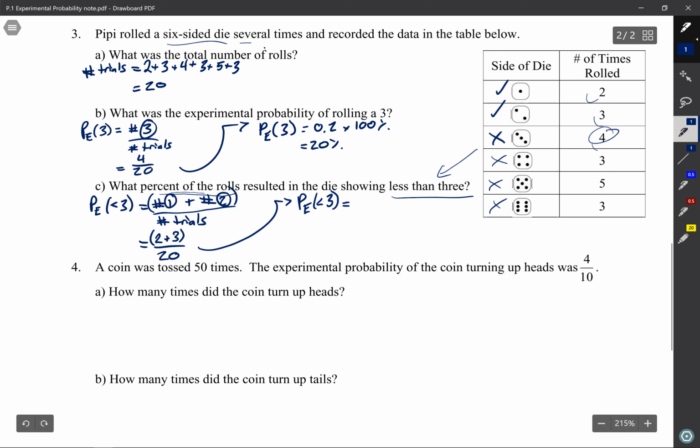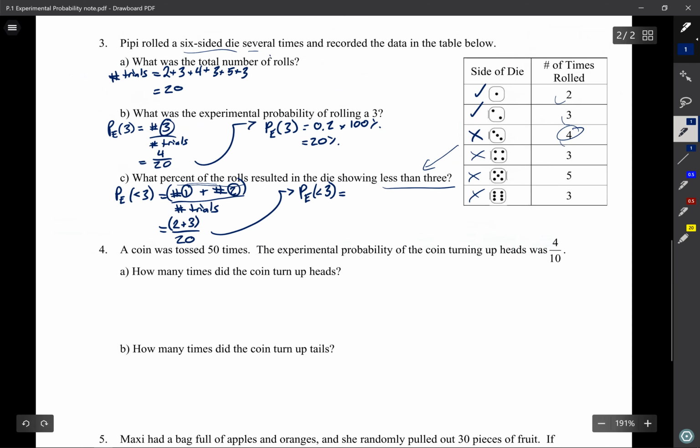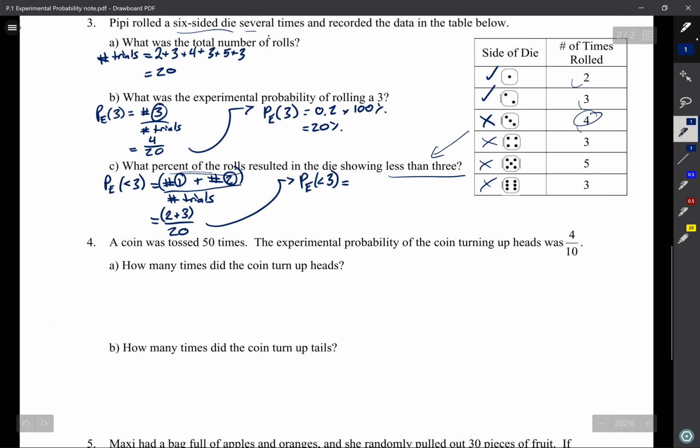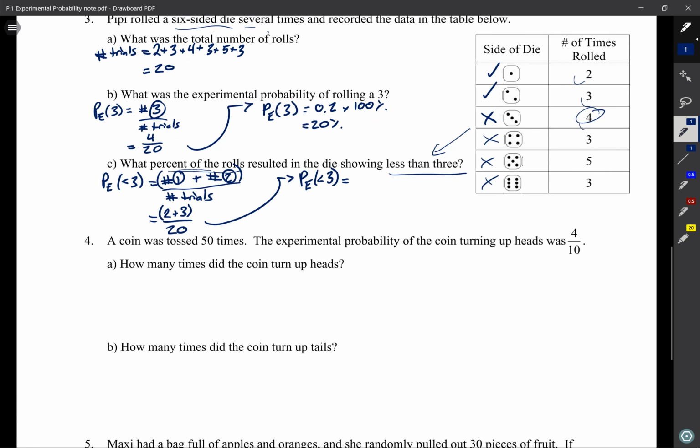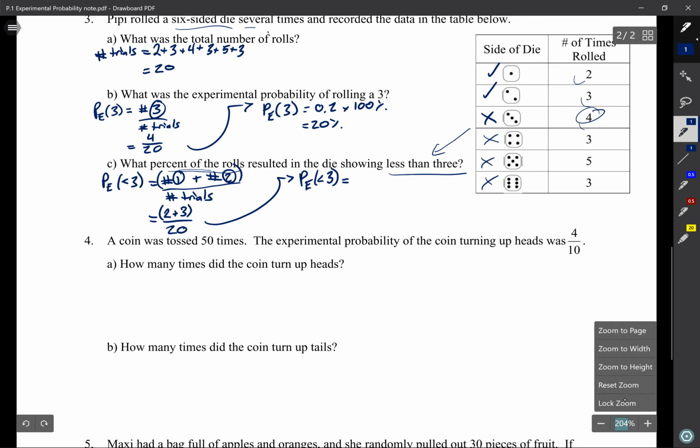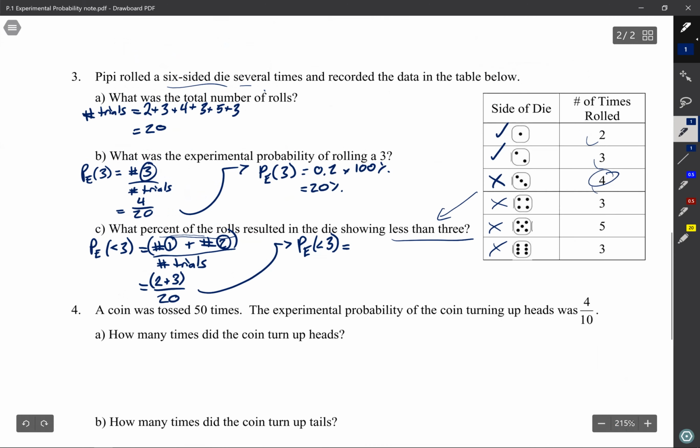And we're going to calculate this. Now remember, when we're calculating this, we need to calculate our brackets first. So 2 plus 3 is 5 divided by 20. If I plug 5 divided by 20 into my calculator, I get 0.25. And if I want to show that as a percentage, that's 25%.